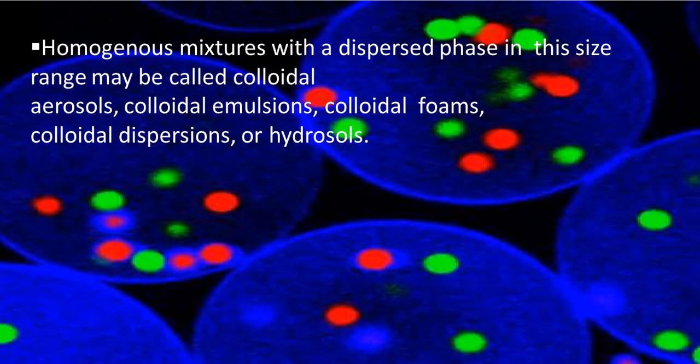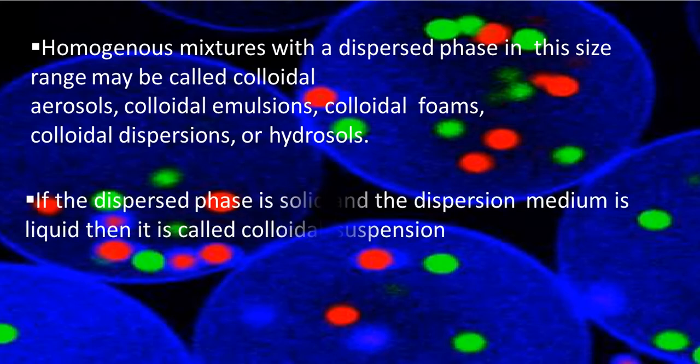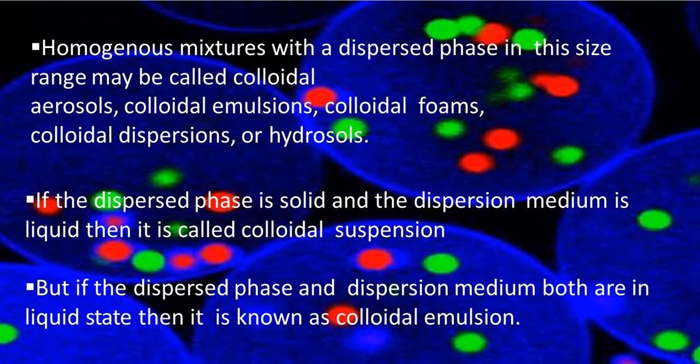This range may be called colloidal aerosols, colloidal emulsions, colloidal foams, colloidal dispersion, or hydrosols. If the dispersed phase is solid and the dispersion medium is liquid, then it's called a colloidal suspension. But if the dispersed phase and dispersion medium are both in the liquid state, then it is known as a colloidal emulsion.